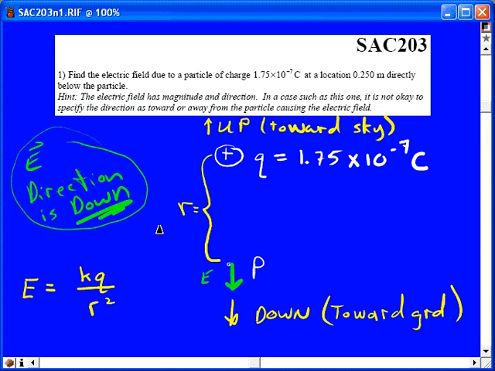So r in this case is 0.250 meters, the distance from the source charge to the empty point in space at which we wish to know the electric field.